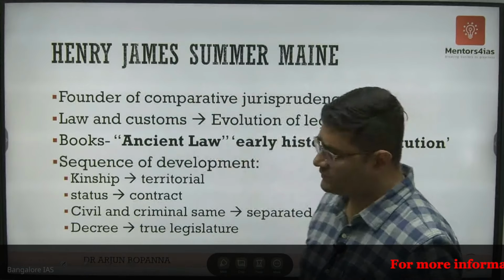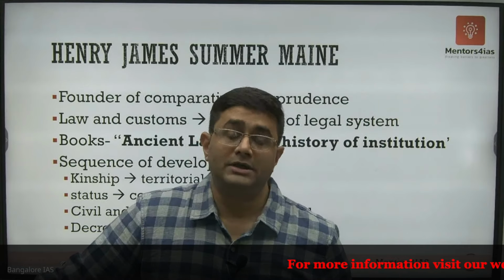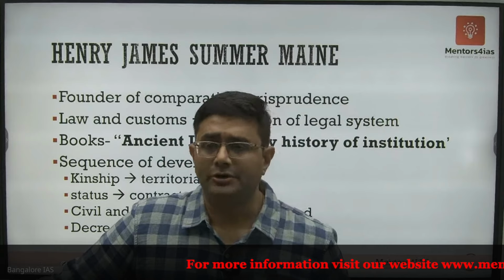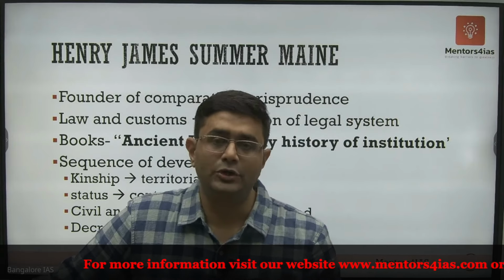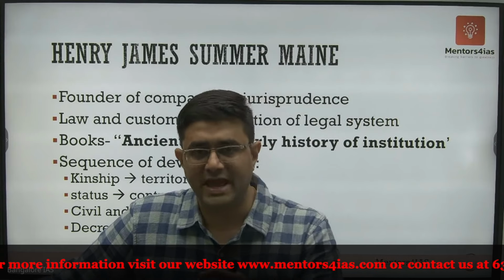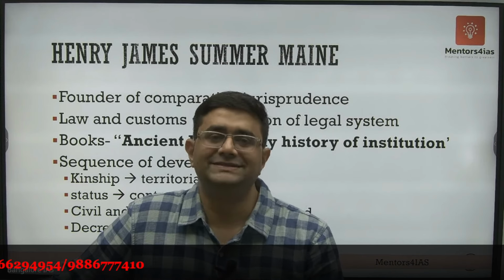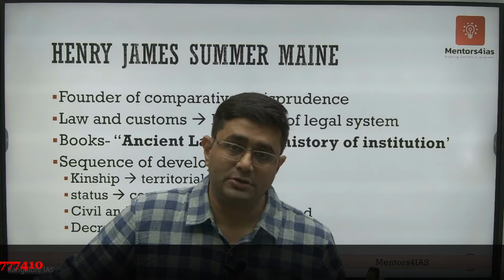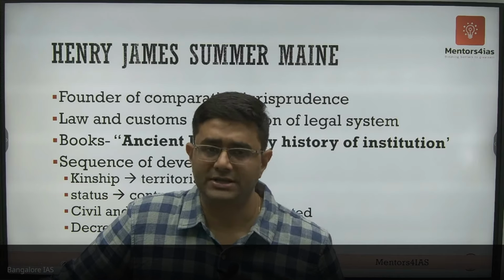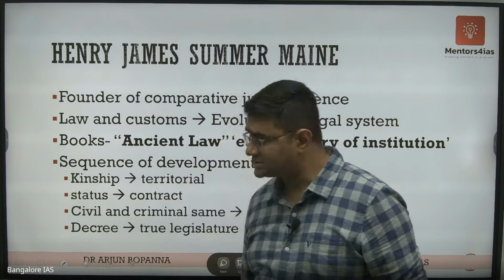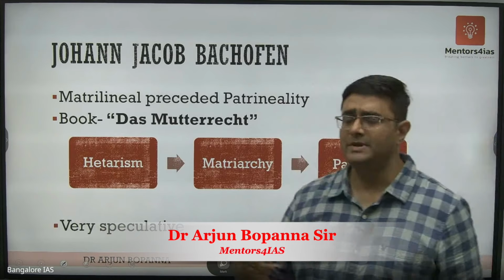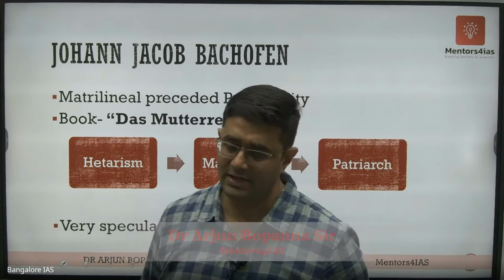Similarly, Henry James Sumner Maine: when you write in political anthropology, talking about the evolution of political systems, how do you compare the traditional political system with the modern political system? You can definitely quote Sumner Maine in your answer, because he talks about how primitive societies are different from modern contemporary society in terms of their political system. So you need to study and keep that in mind. Even though it may not be asked individually, these things are very, very important.